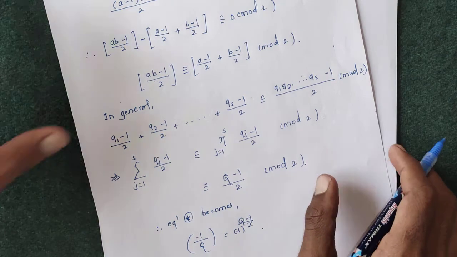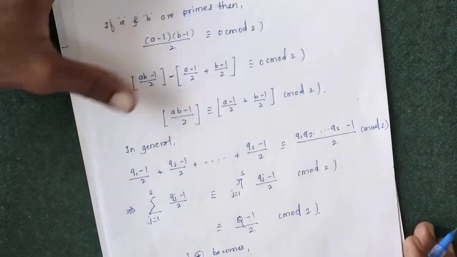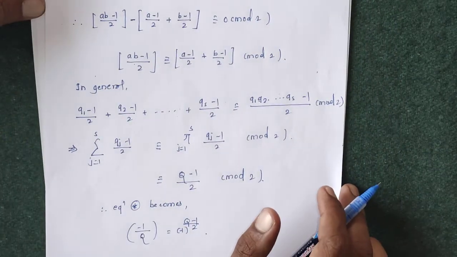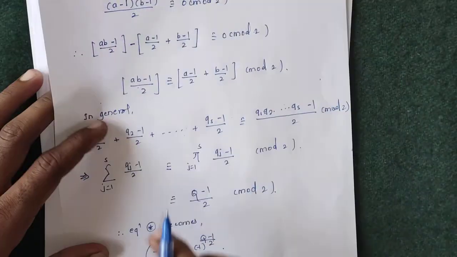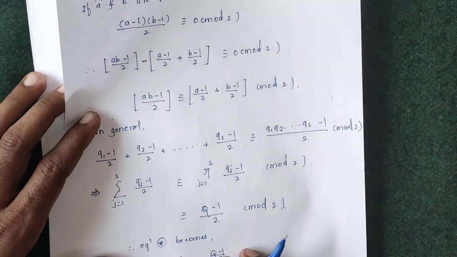Now, similarly, we are going to prove that the Jacobi symbol of 2 and Q is equal to (−1) to the power (Q²−1)/8. In a similar way, we are going to use or generalize the same result here in the second proof.